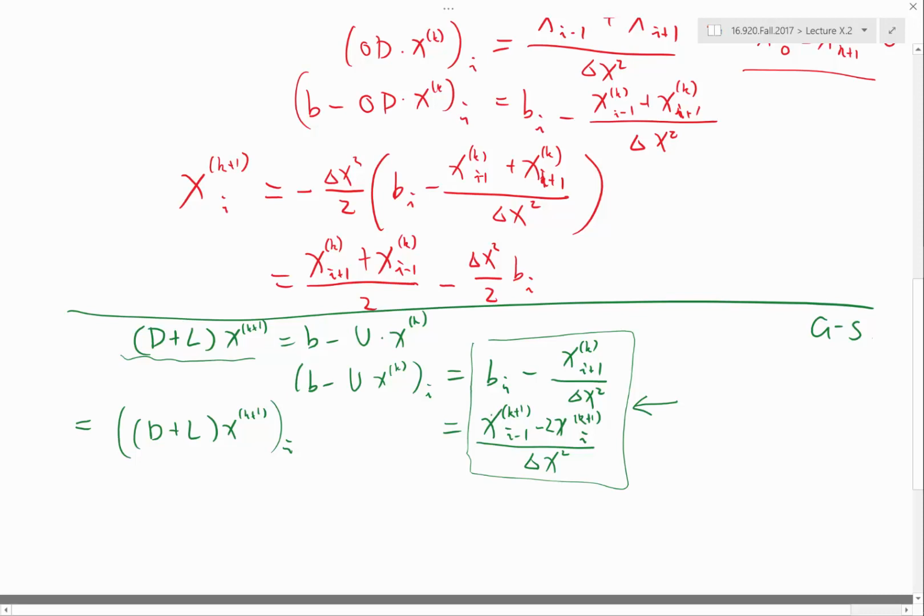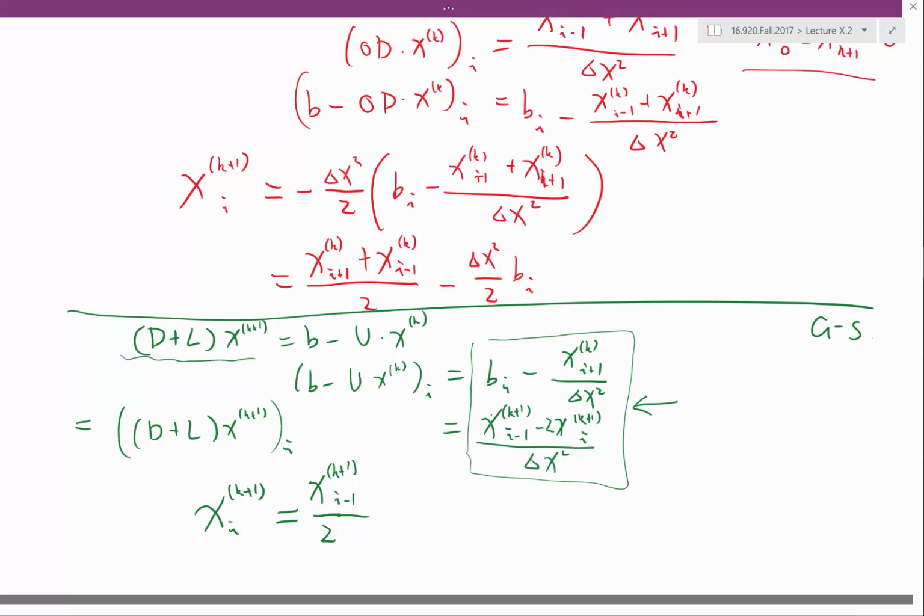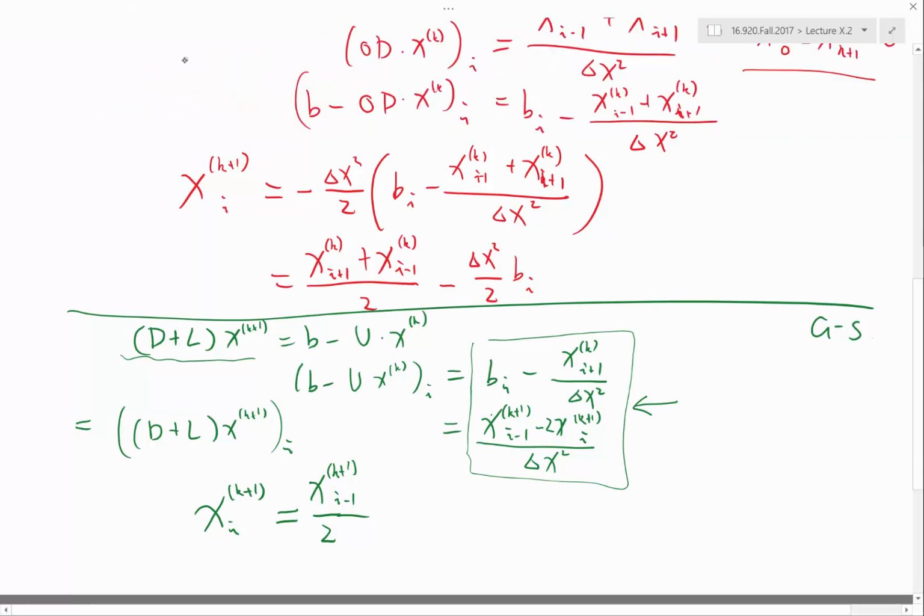So when I write down the formula, that's simply x of I at k plus 1. Let's move this to the other side. Is equal to, okay, so first of all, the self term is equal to half of xk plus 1 at I minus 1, right? So that's this term. And let's write down this is the implicit term.